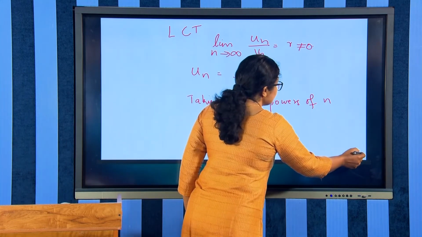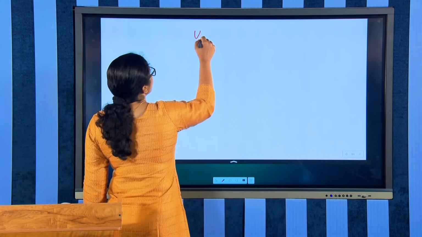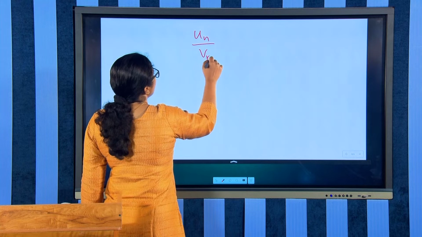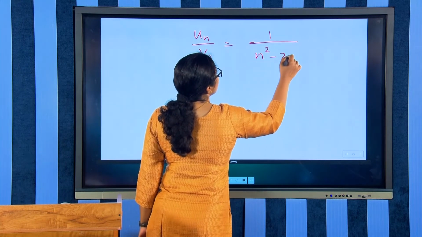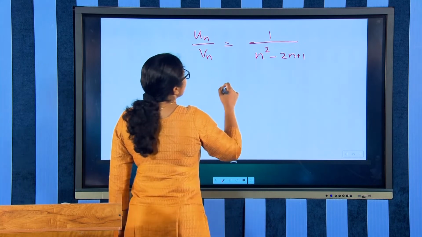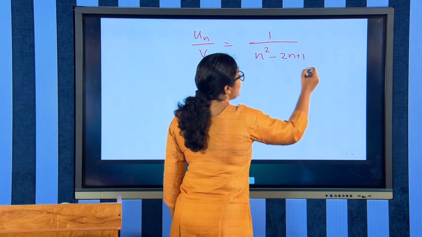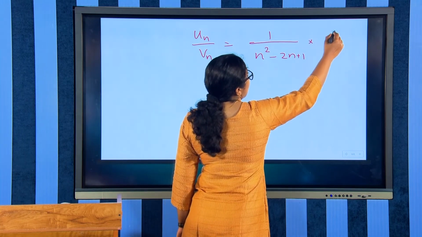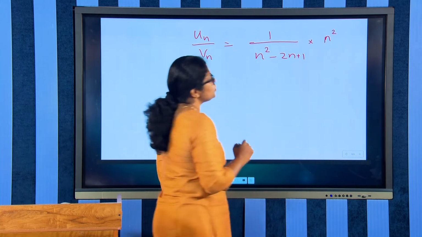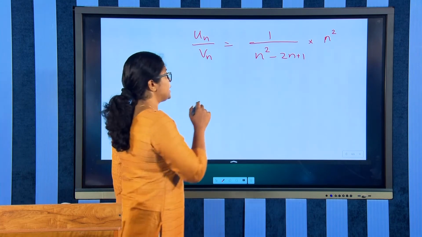Then if you take the ratio un by Vn, this will be nothing but 1 upon n square minus 2n plus 1 divided by 1 upon n square. So, that gives you n square in the numerator.